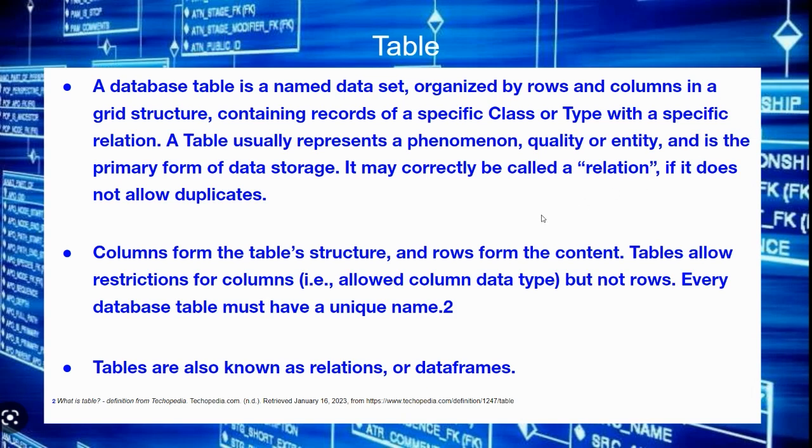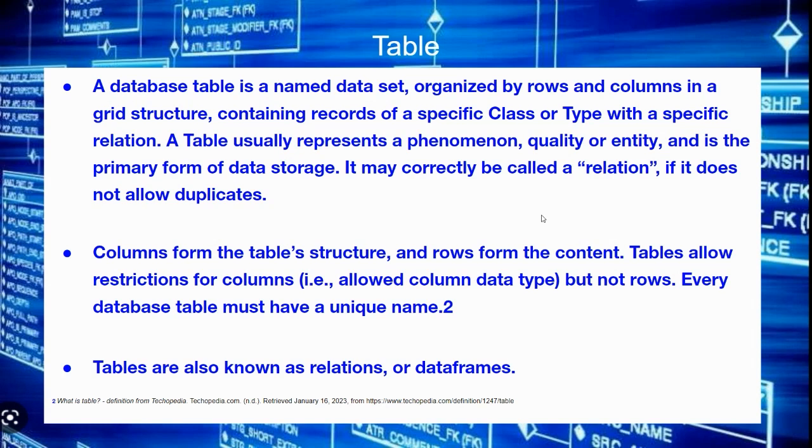A table is a named data set organized by rows and columns, and it contains records of a specific type that have a specific or unique relation to each other. The table usually represents an entity or a quality or a phenomenon. It's the main form of data storage in a relational database, and it can actually be called a relation.